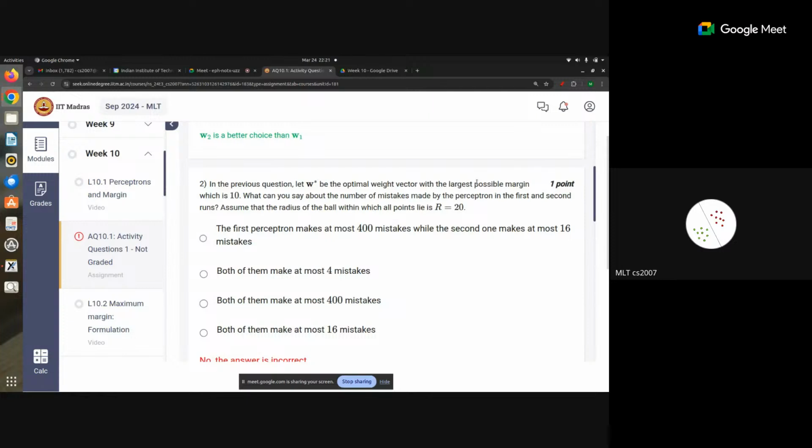Anyway, the number of mistakes will be bounded by R square upon gamma square, where gamma is the optimal gamma, because we assume gamma is the highest margin. So we don't have to calculate it every time, right? Correct.